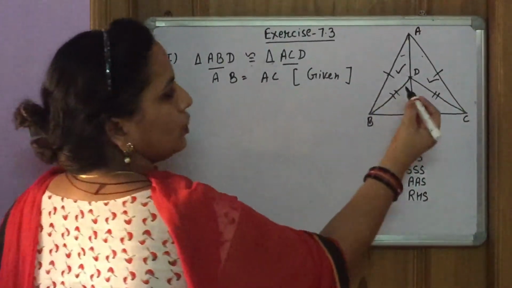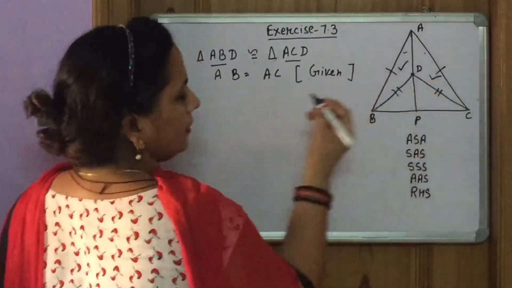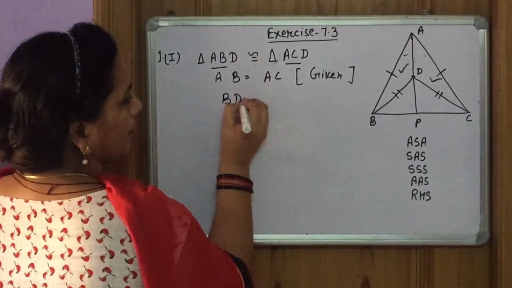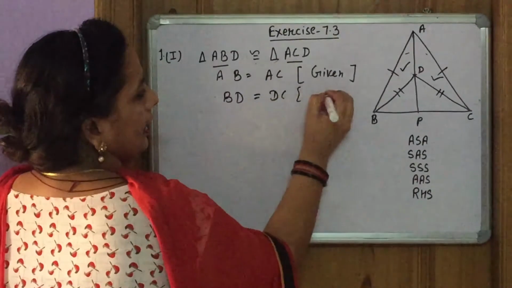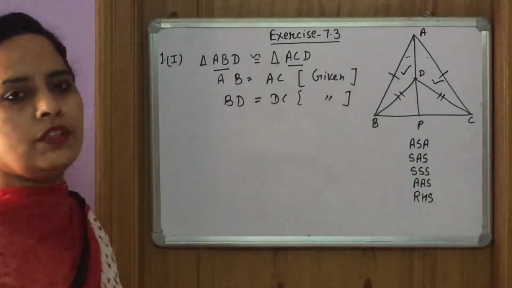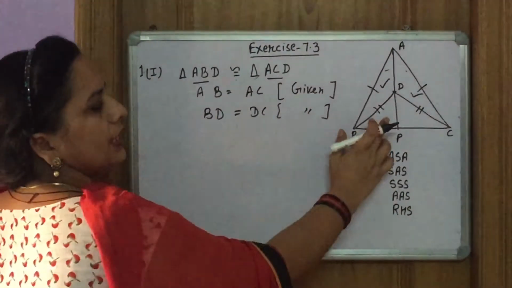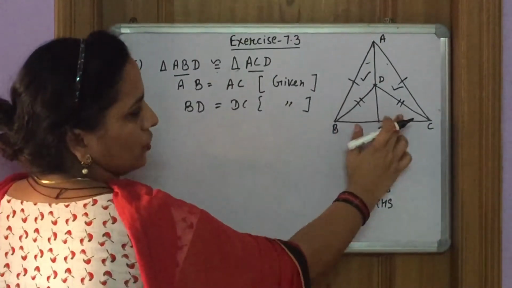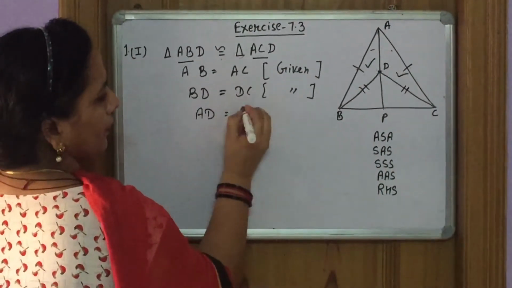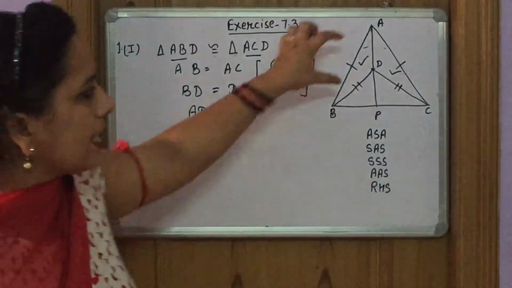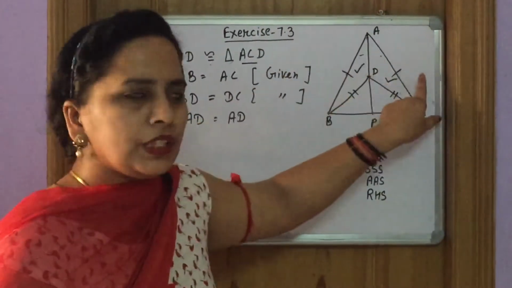And in these two triangles we can also say that BD is equal to DC. Again we can say this is also given, because this triangle is also an isosceles triangle. Third part is AD. AD side is common in both of the triangles.